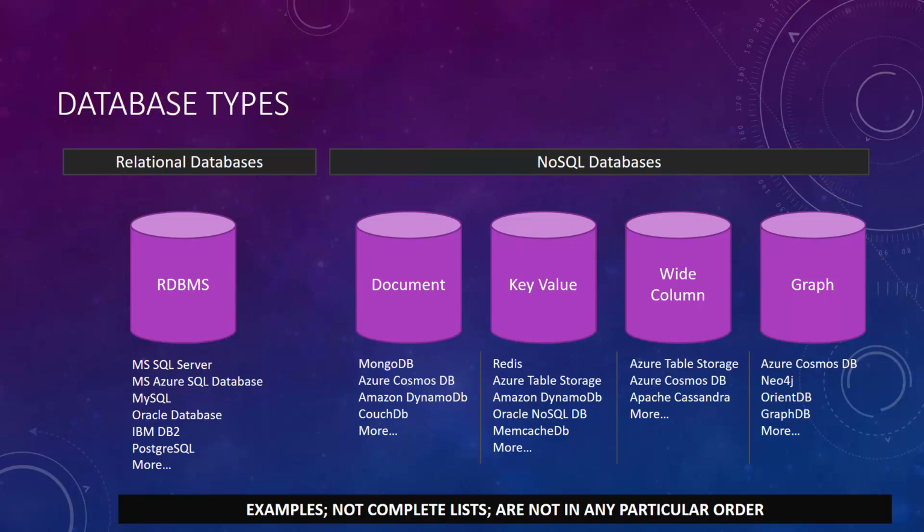Now on the right, all of these 4 different types of databases, document, key value, wide column, and graph, are all under the NoSQL databases umbrella. That's because NoSQL is an umbrella term. It's kind of an unfortunate term in my opinion, because SQL stands for Structured Query Language, and some of these databases actually use an SQL-like language to run queries.